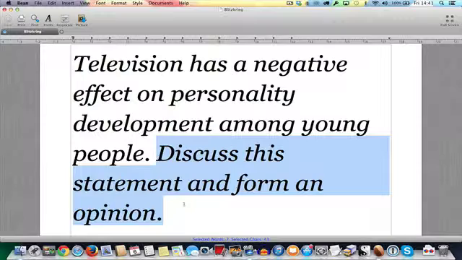The candidate is thus being told to analyze varying positions on the topic as a basis for a reasoned conclusion. So a straightforward discussion essay that looks at both sides of this statement on television and its effects on young people would be the only correct structural response. So we could not respond to this essay question as an argument essay.